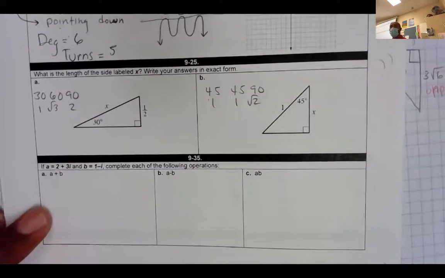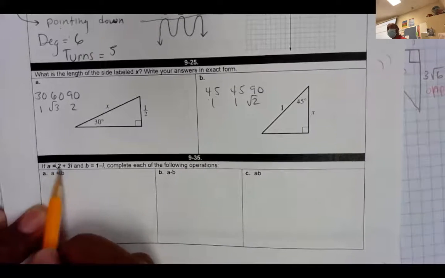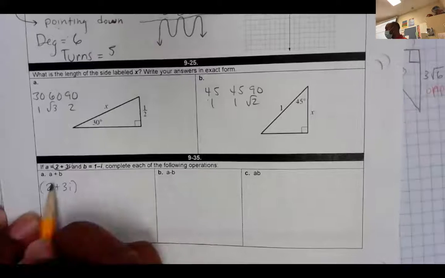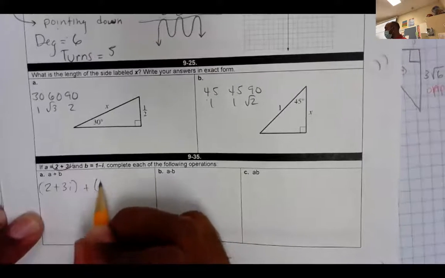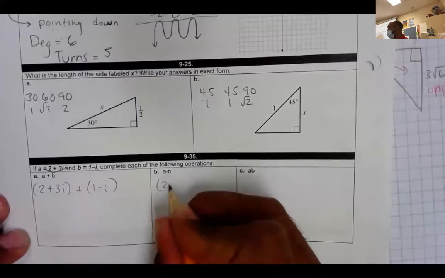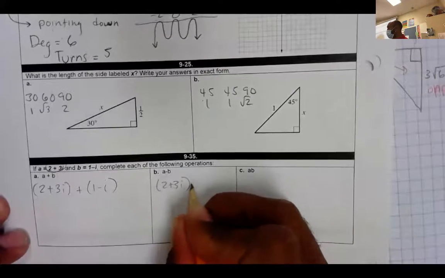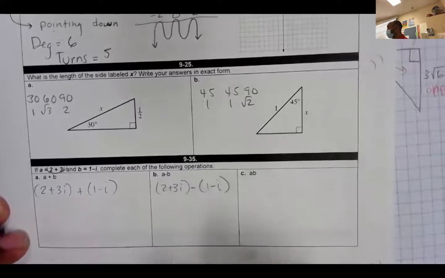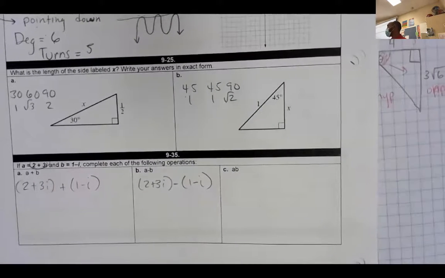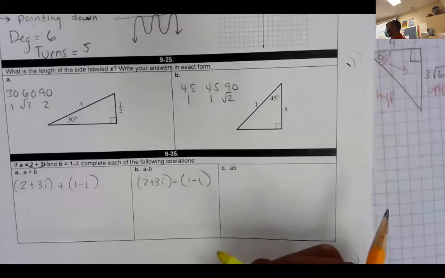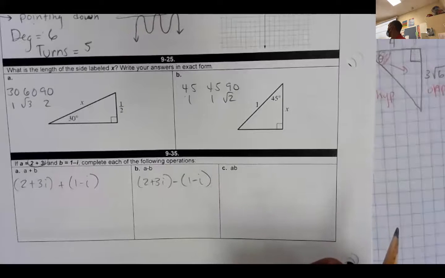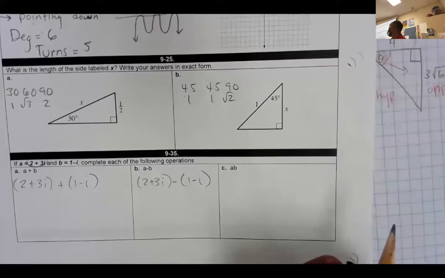And then we have imaginary numbers. All this means is that A represents that. So you're doing 2 plus 3i, and then adding 1 minus i. Down here is the same thing, except instead of adding, we are subtracting. What's important to do on that second one? What's the first step with the letter B?